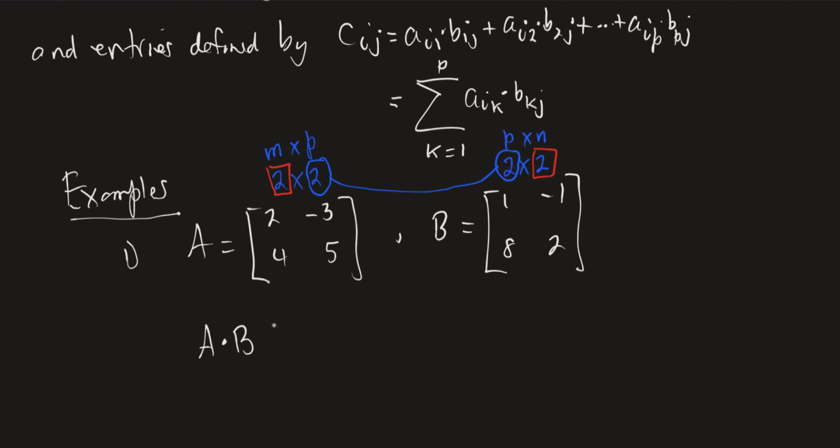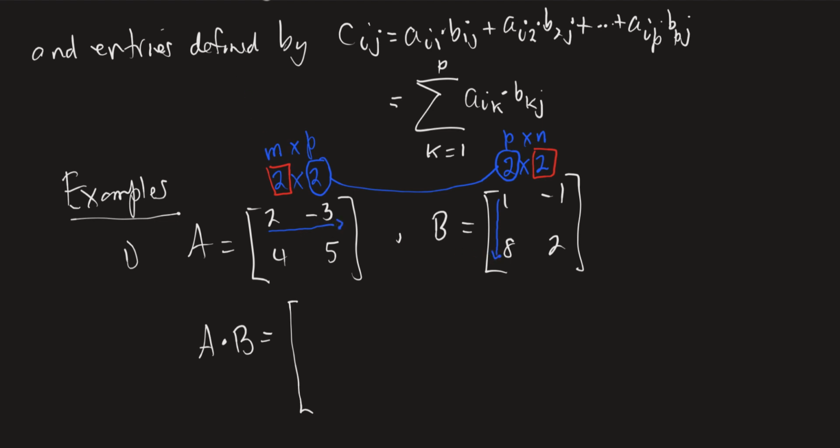Well, let's see if we can follow our process. Right. And again, I'm just going to say it out in words. But if I want to figure out what entry goes in position 1, 1, so first row, first column, I have to take the first row there and then do that special product with the first column here, right?